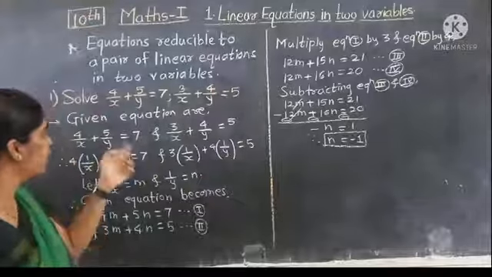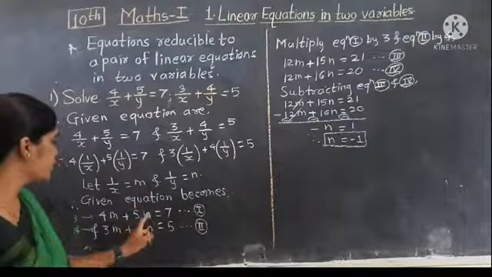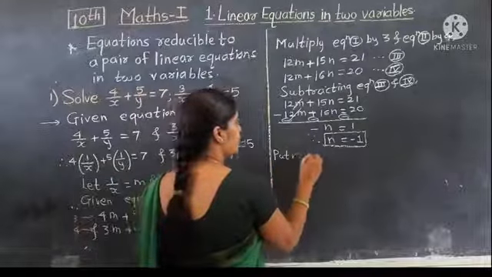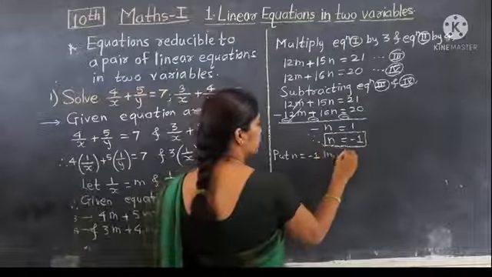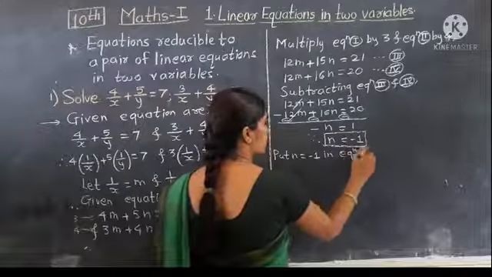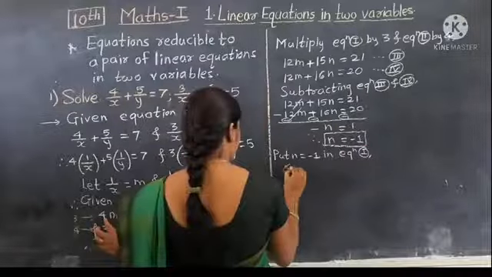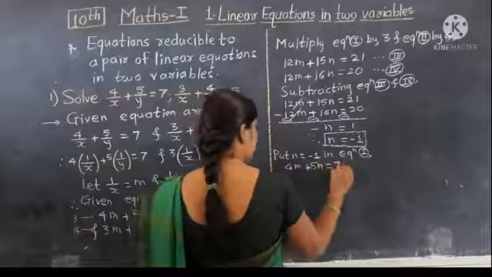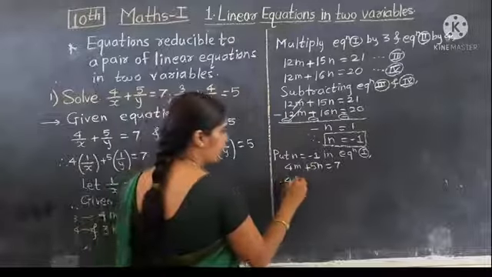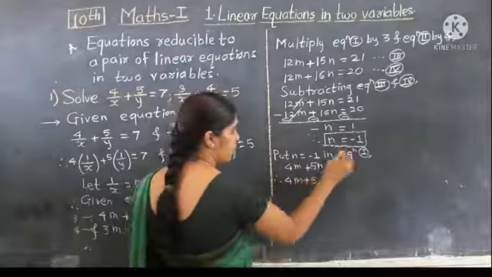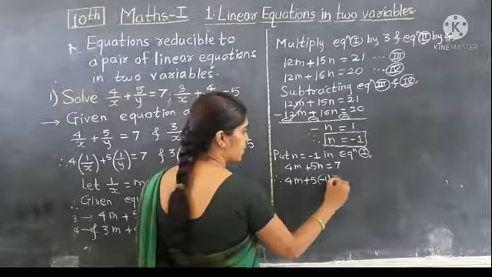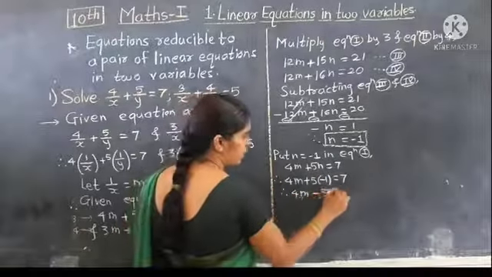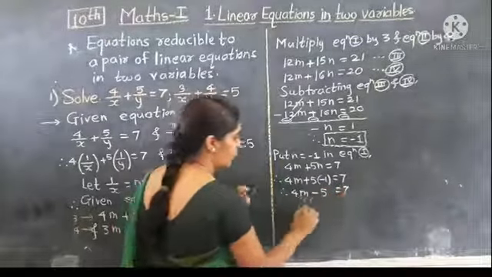We get the value of n. Put this value of n in either equation 1 or 2. Put n is equal to minus 1 in equation first. What is equation first? 4m plus 5n is equal to 7. 4m plus 5 into bracket minus 1 is equal to 7. 4m minus 5 is equal to 7.